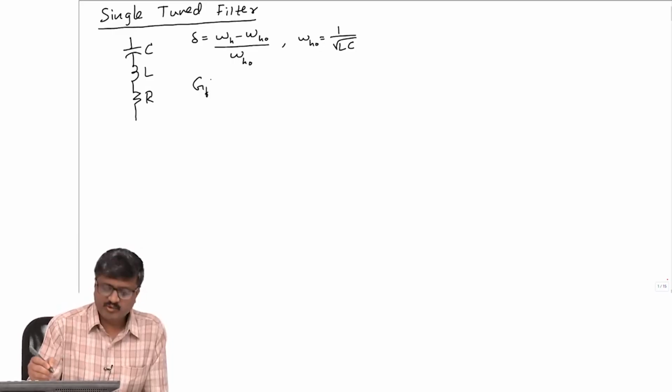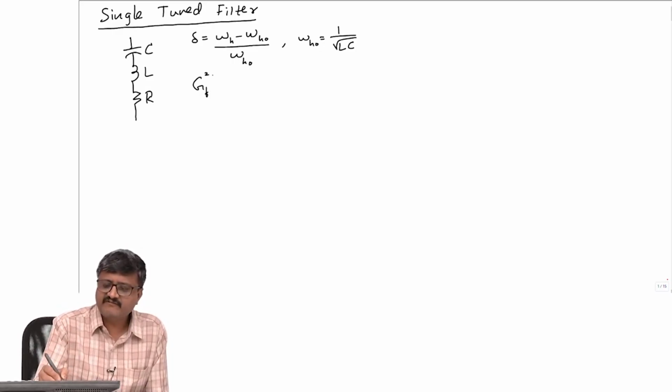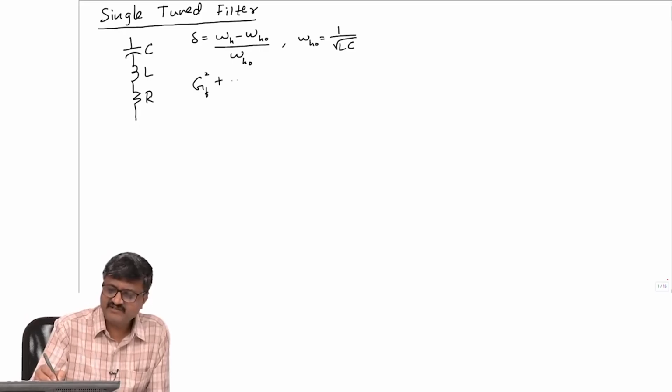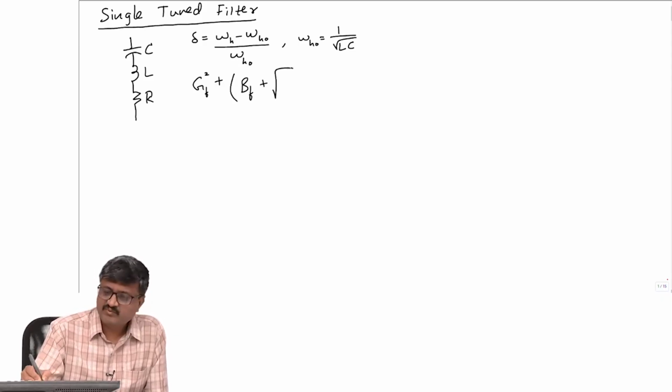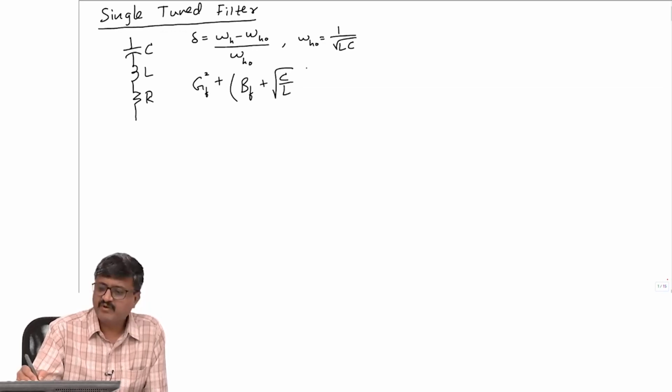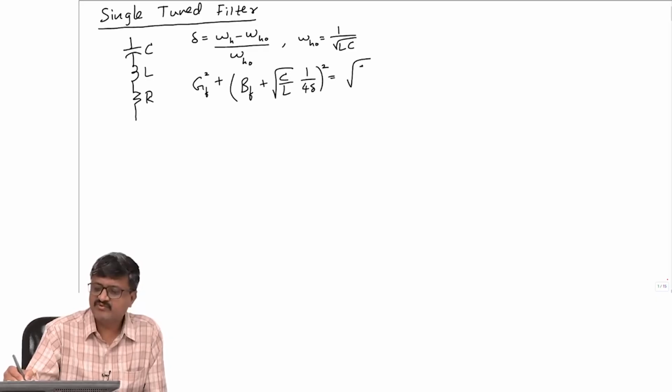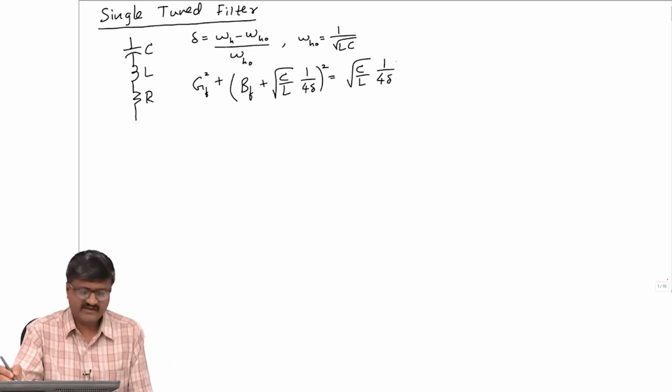So, let me rewrite that particular equation. I will not go through all the steps. The last equation that we got was GF squared plus (BF plus square root of C by L 1 by 4 delta) whole square is equal to (root C by L 1 by 4 delta) whole square.